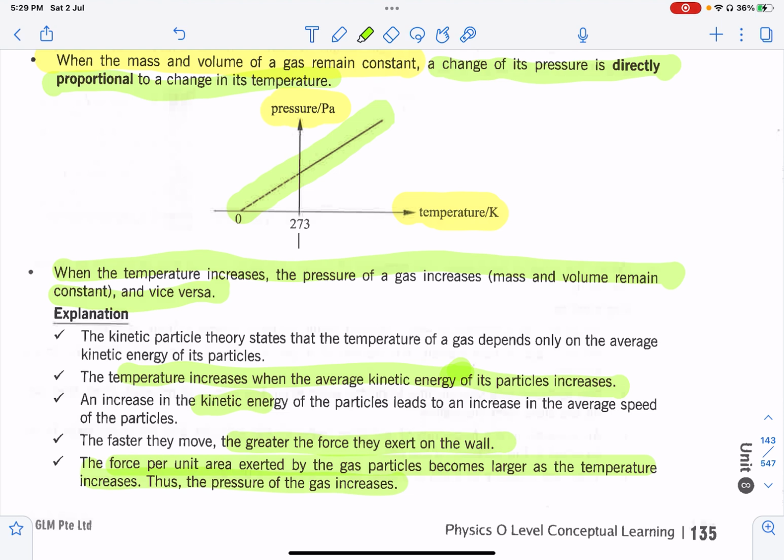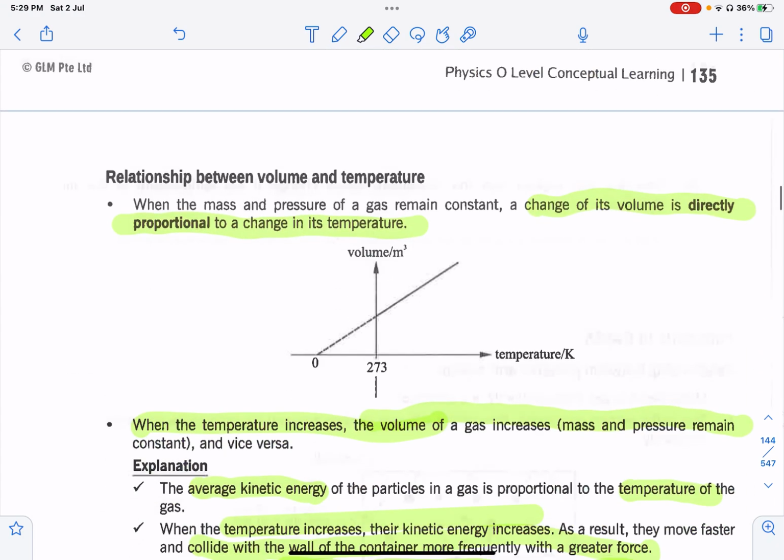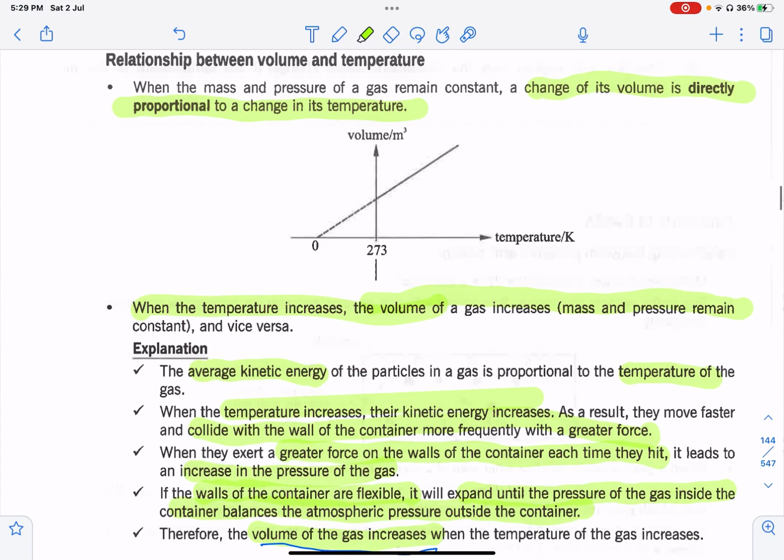So generally, this is the whole idea behind this linear line graph.